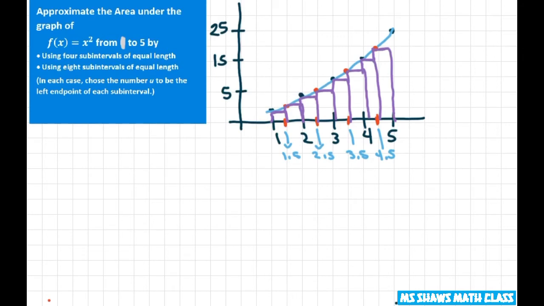Now, we're doing 5 minus 1 divided by 8. So that equals 1/2 or 0.5.